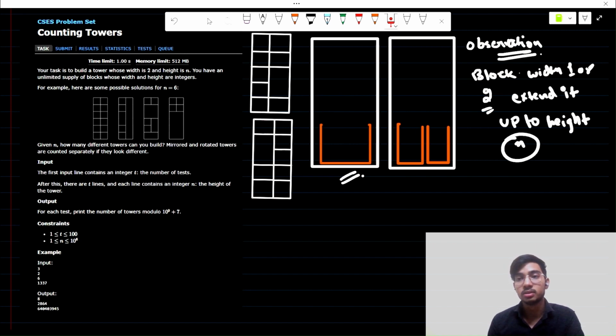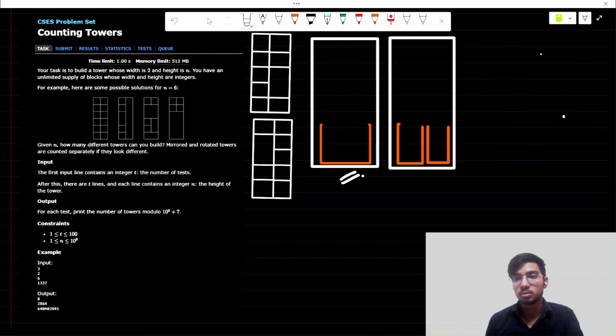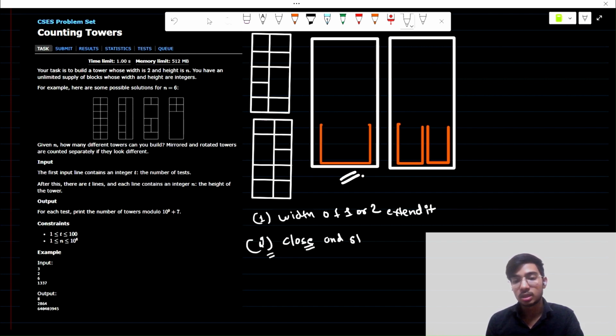The next observation is this. The first is that you can choose the width of 1 or 2, or you can extend it. The second thing is that you can close it and start with new blocks, or you can extend the block itself.